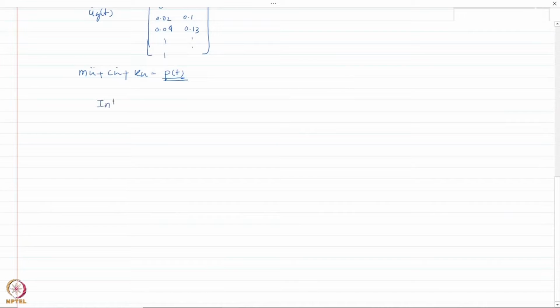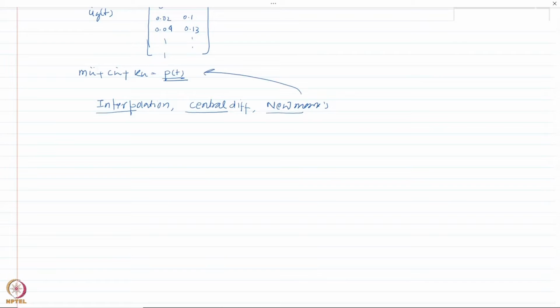One was the excitation interpolation method, another was the central difference method, and we also discussed Newmark's methods. Any of these methods can be utilized to get the response of the single degree of freedom system subject to this ground excitation.